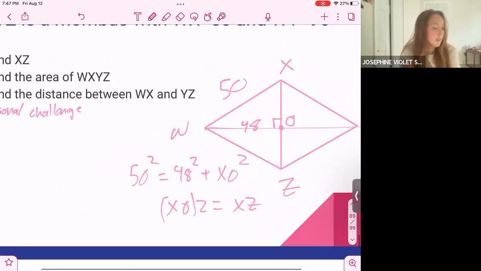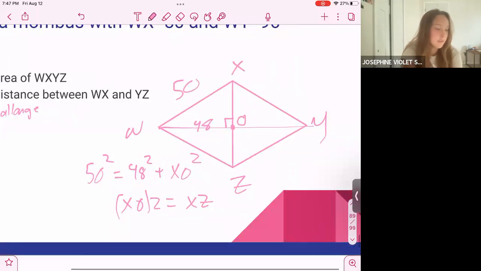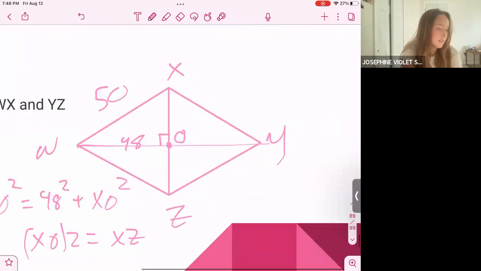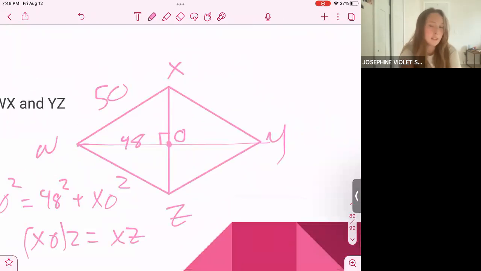Okay, and then to find the area of WXYZ, does anybody have any thoughts? You can raise your hand if you want to share. All right, that's all good. So same process as we used in the last practice problem.